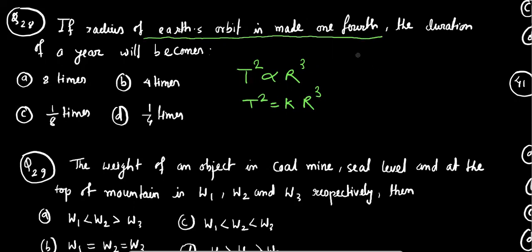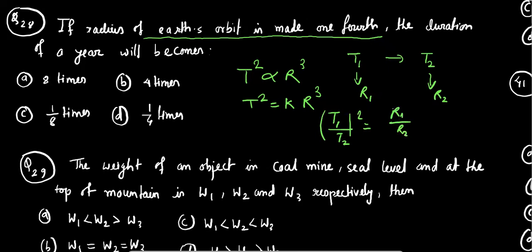Suppose in the initial case the time period is t1, and after decreasing the radius its time period becomes t2. At the initial position the radius is r1, and at the final position the radius is r2. Then we can generate one relation: (t1 by t2) whole squared equals (r1 by r2) whole cubed, which means we can write this formula as t1 by t2.